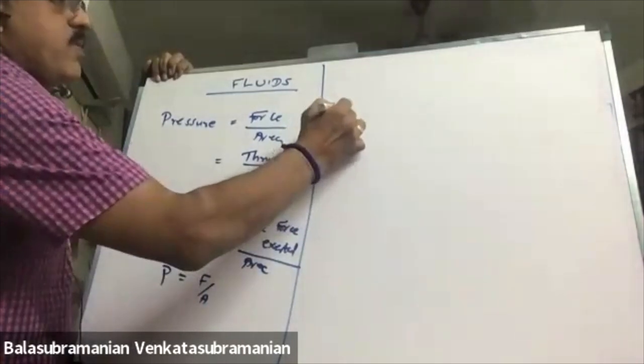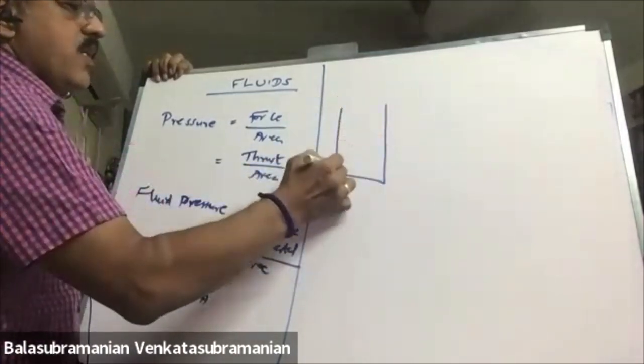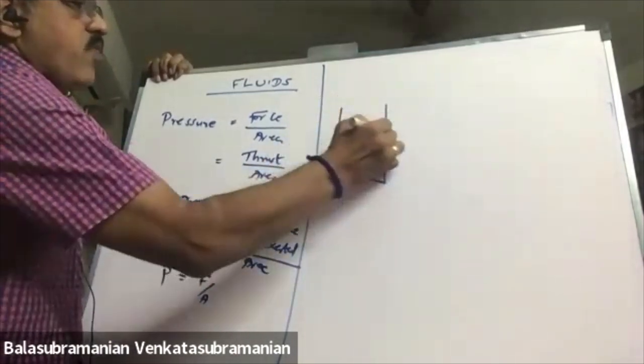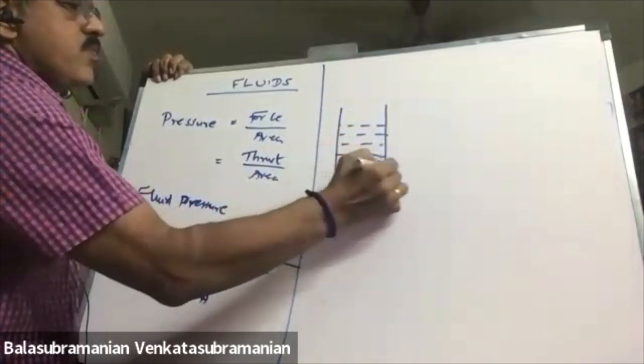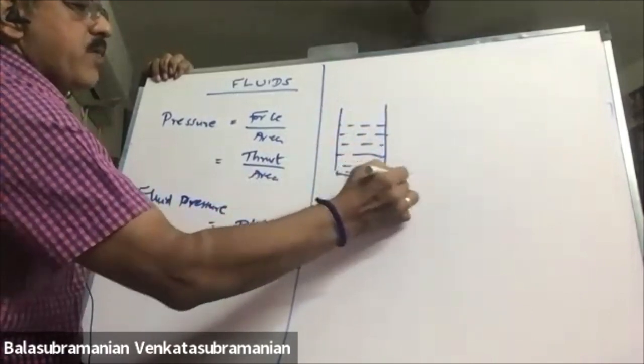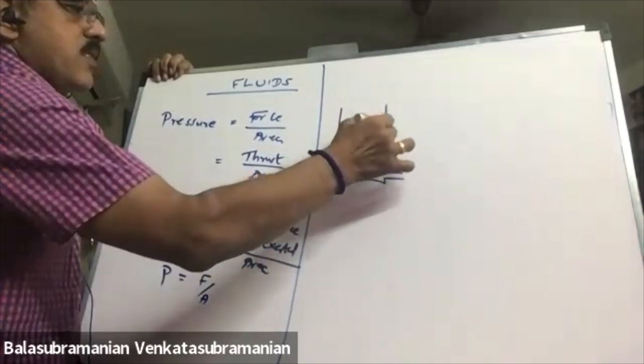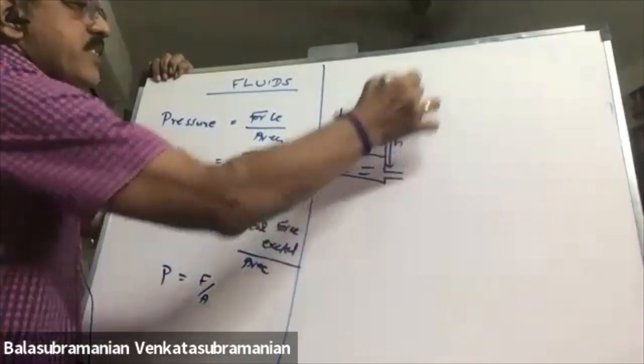Say for example, you are considering a beaker of water, and here you have an opening. The height from the top is h.